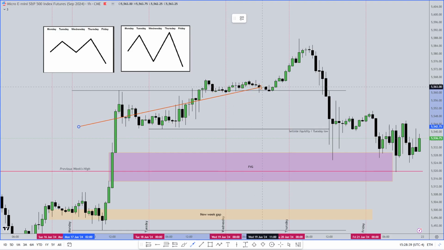As we get into indices here at 9 to 9:30, price wicks internal liquidity, stays below it, which is also internal, stays below Monday's, this is Wednesday's midnight low, and then we start to see movement bullish.